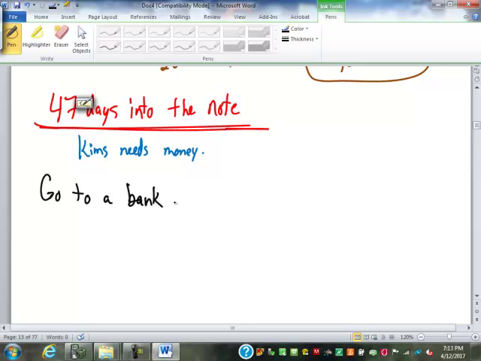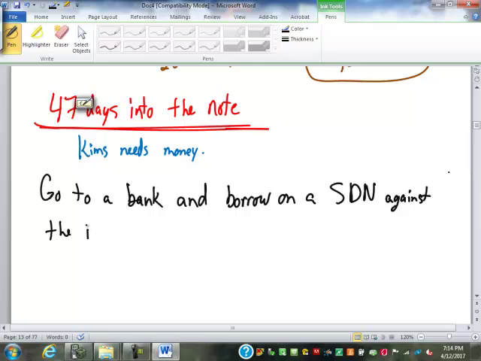Go to a bank and borrow on an SDN, simple discount note, against the simple interest note that is owed to her.